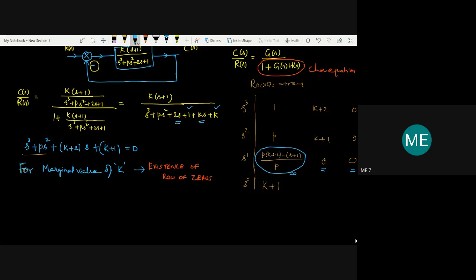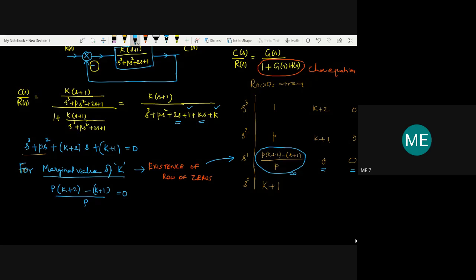So equate this equation, that is p into (k plus 2) minus (k plus 1) divided by p equal to 0. If I equate it to 0, then there is the existence of a row of zeros here, so then we can find out the marginal value of k.